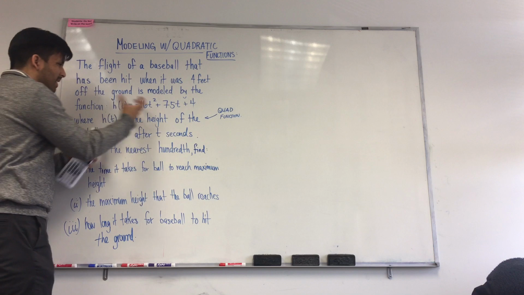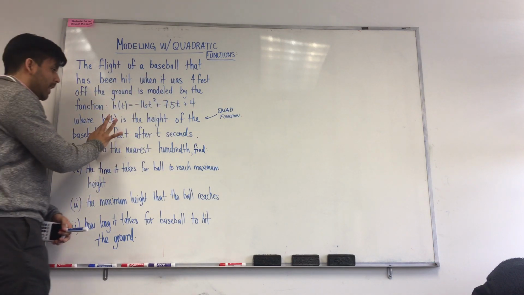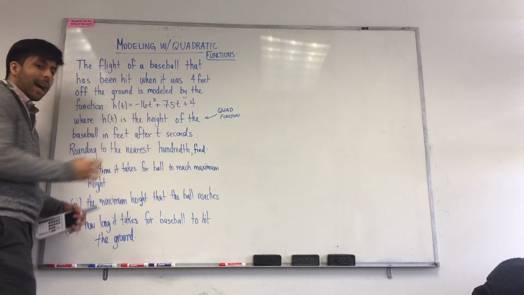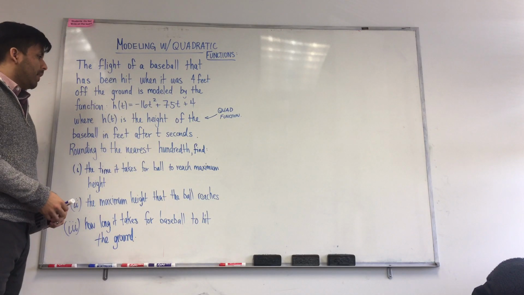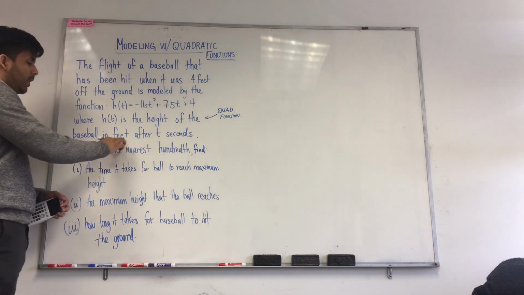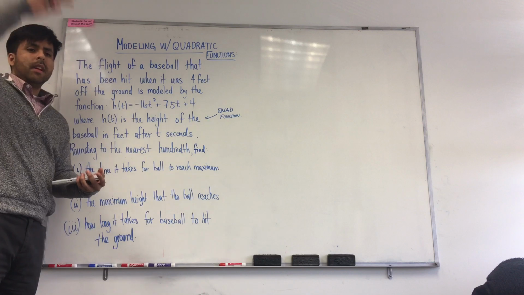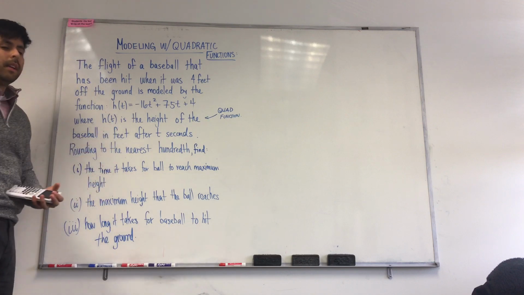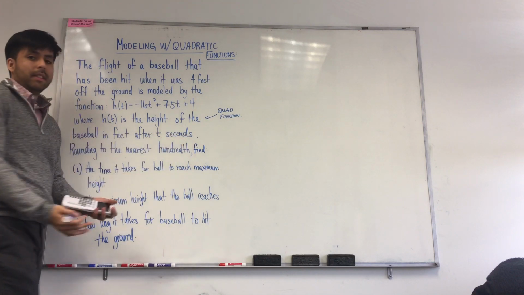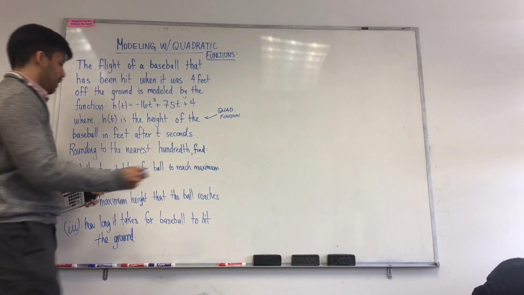So then, once we understand that, we need to be a little mindful as to what these symbols, numbers, letters represent. Particularly, it's saying h of t, which is the output value of my function, is the height of the baseball in feet. So feet measures distance, and we're measuring the distance above the ground, which is the height. After t seconds of being hit, right?